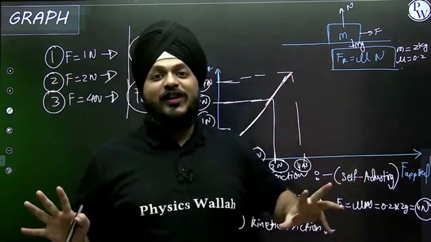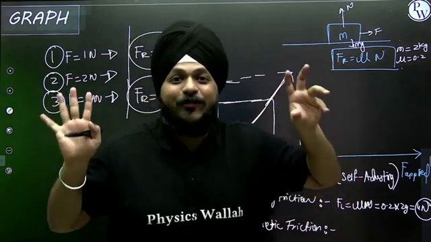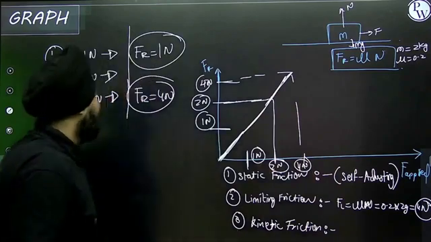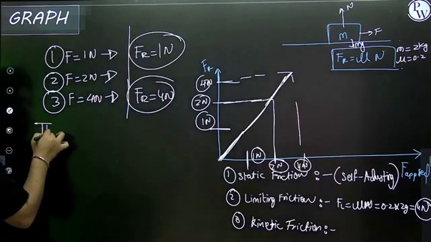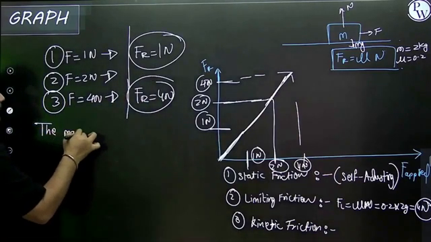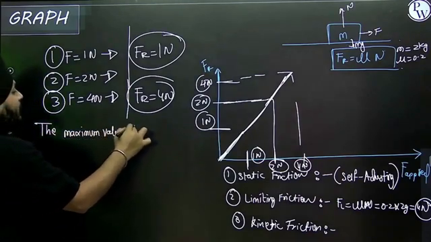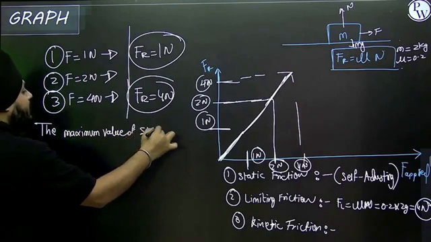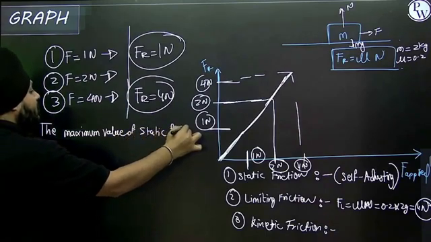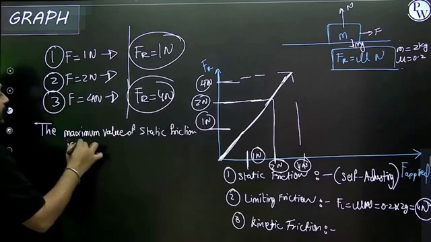Now we have reached the maximum value of static friction. The maximum value of static friction is limiting friction.